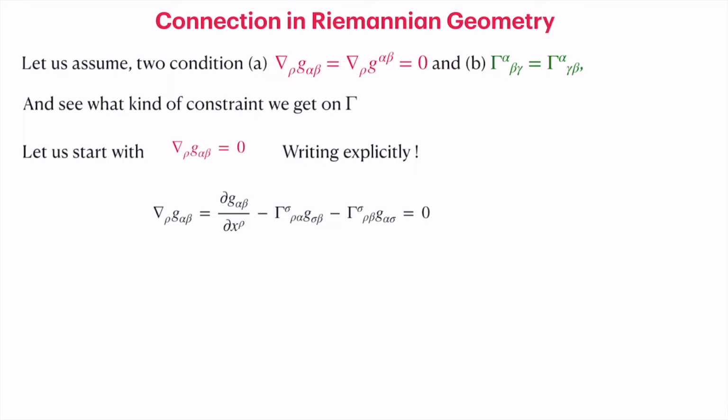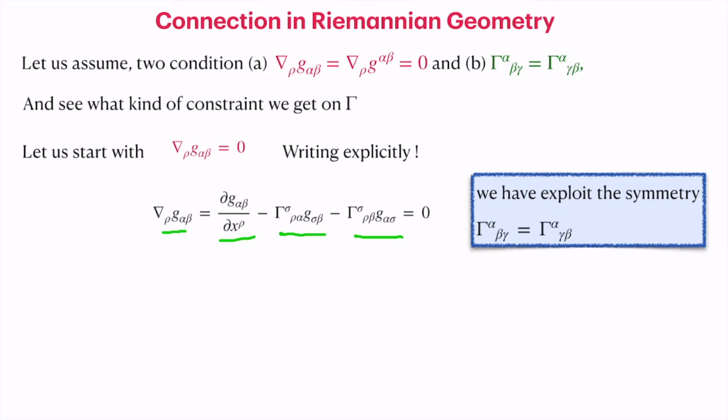Then we have two terms involving the gamma. So here is the equation explicitly. Delta rho G alpha beta is equal to the partial differentiation of G alpha beta with respect to X rho, and then we have gamma sigma rho alpha into G sigma beta minus gamma sigma rho beta G alpha sigma, is equal to 0.